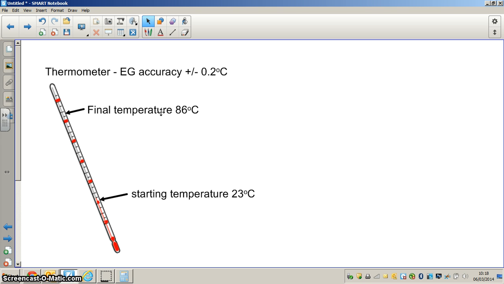So here's the calculation. You can see there is a slight trick to this. We're reading the thermometer twice, so the potential for us to have an error of 0.2 degrees centigrade occurs once here at the start, and it occurs again here at the final temperature. So the accuracy is doubled because we're reading the piece of equipment twice, and the temperature that we're using is the difference between these two numbers.